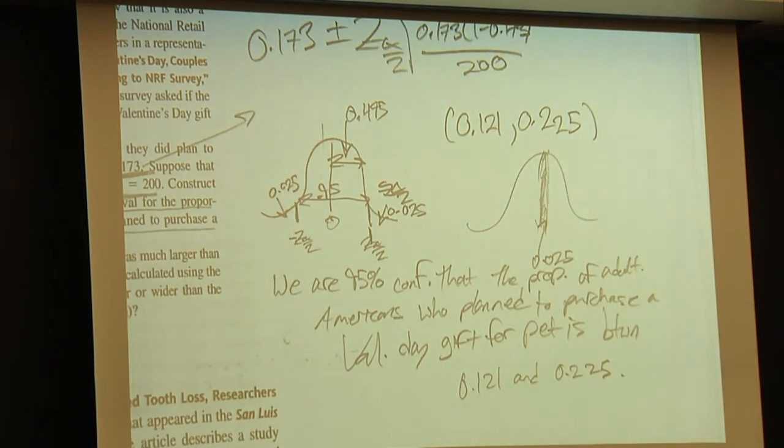So what we're basically saying, with 95% confidence, is that the proportion who want to buy their pet a gift is between 0.121 and 0.225.